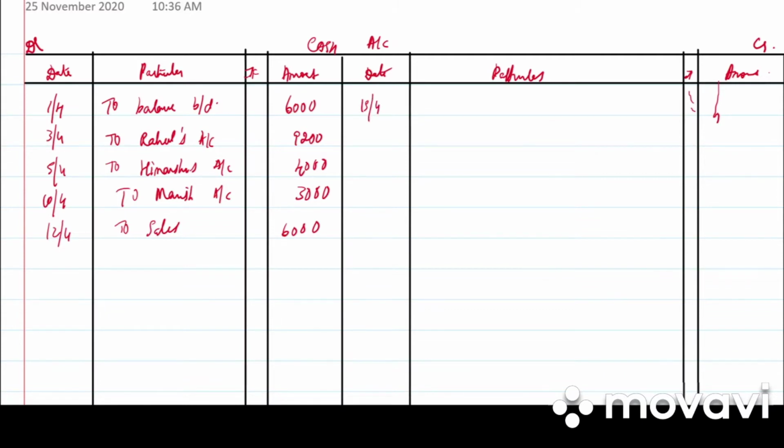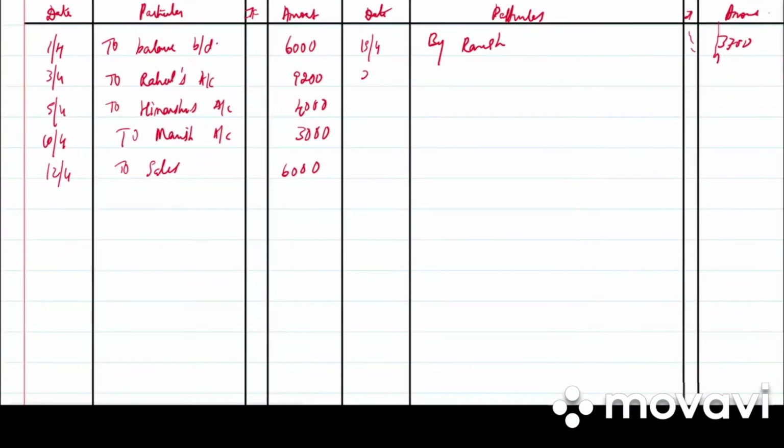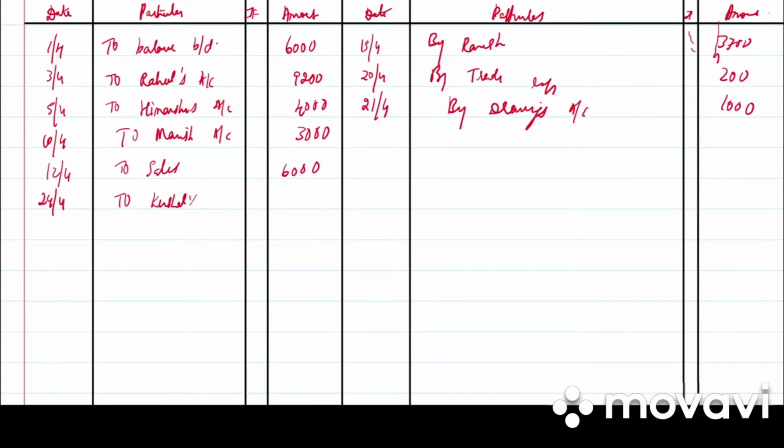Then credit side on 15th April we have by Ramesh 3,700. 20th April by trade expenses account 200. 21st April by drawings account 1,000. Then on 24th April we have debit side to Kushal's account 6,000.